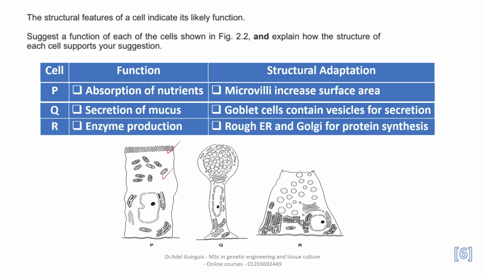As a structural adaptation, it contains a lot of rough endoplasmic reticulum to produce enzymes, the Golgi apparatus for modification of these enzymes, and a lot of vesicles needed for exocytosis as the last step of secretion.